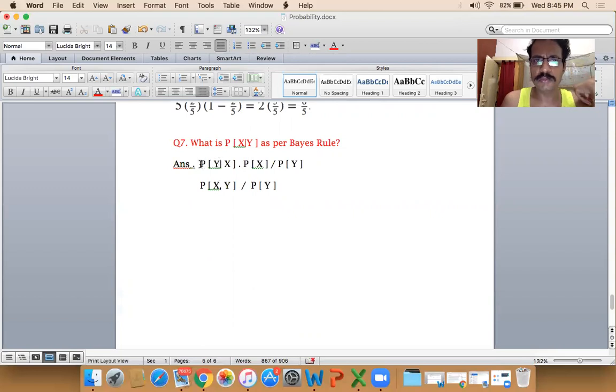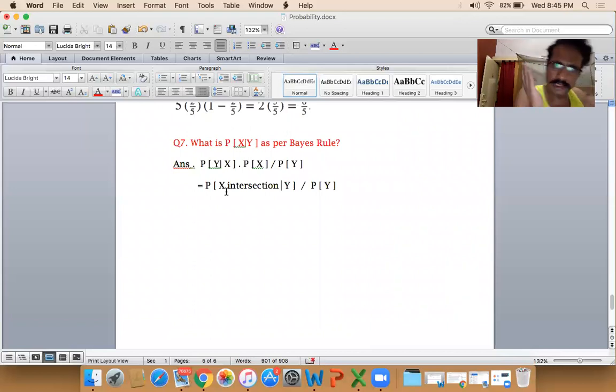P(X|Y) has P(Y) in the denominator, and in the numerator we have P(X intersection Y), which if we want to write as a conditional probability is the probability of Y given X multiplied by the probability of X. So here this numerator is nothing but the favorable outcomes in the total sample space, right? Okay. Thank you so much.